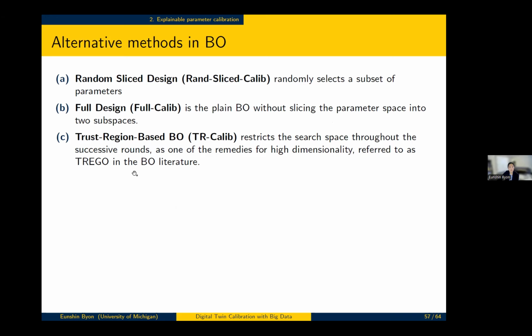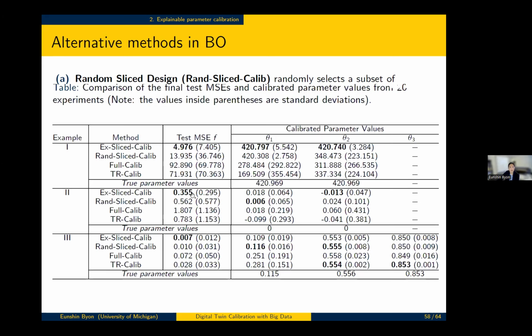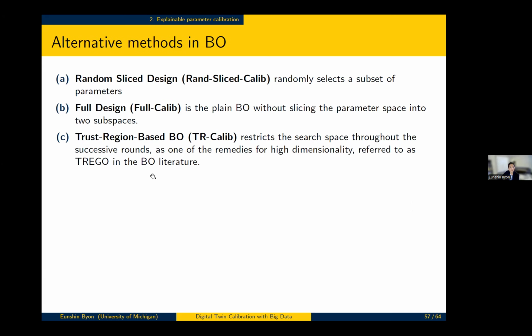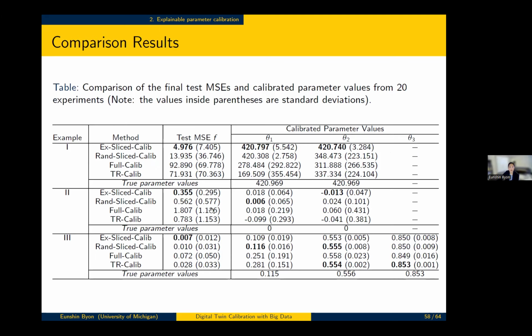And the third is trust region-based BO, another approach that handles high-dimensional BO problems. It doesn't reduce the parameter space, but it restricts the search space around the current incumbent. This one has also been proposed in the literature to address high-dimensional BO challenges.